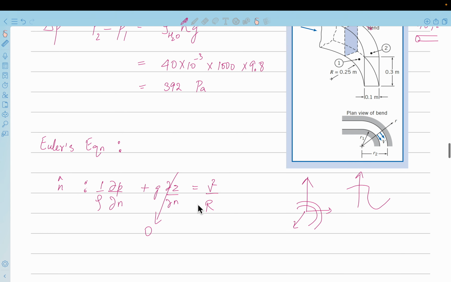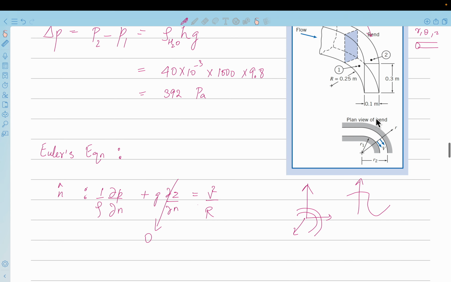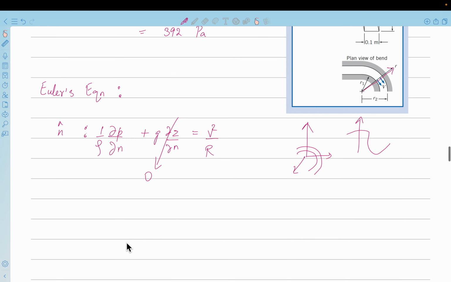Okay, and what is the n cap direction along the bend? So you can see in this diagram, along the bend is this radial coordinate. So instead of n, I can write dou p by dou r. So I'm going to write 1 by rho dou p by dou r is equal to v square by r, right?